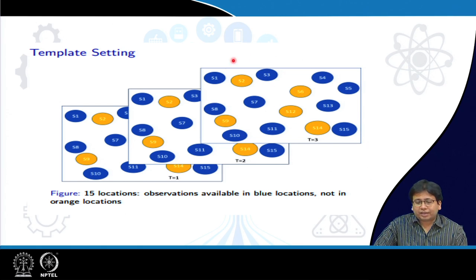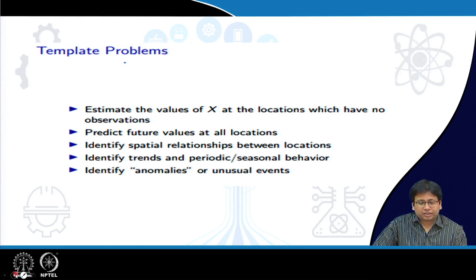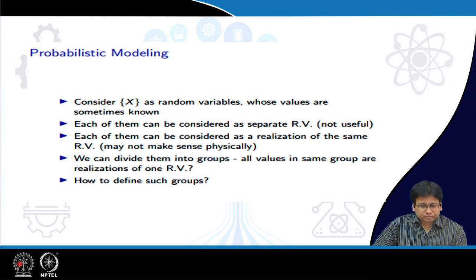But if it is at only an isolated point, then it might suggest that it is a problem with that sensor itself. But if it includes several sensors in nearby locations, it is very unlikely that all of them will be behaving badly. So, most likely something urgent has happened there which needs our attention. So, that is the anomaly detection problem.